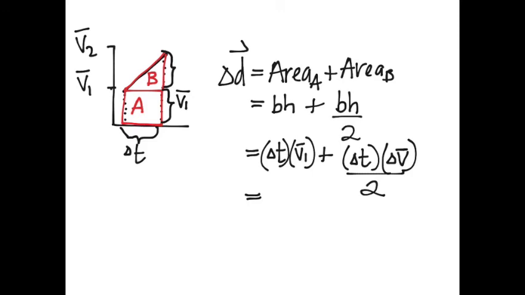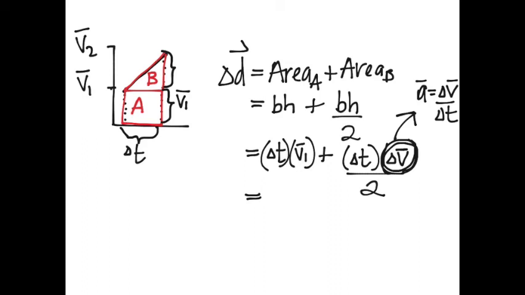In order to solve this equation, as it stands right now, you would need delta t, you would need v1, and in order to find delta v, you would need both v2 and v1. But I want to replace this. And we're going to replace it using the equation acceleration is equal to delta v over delta t.